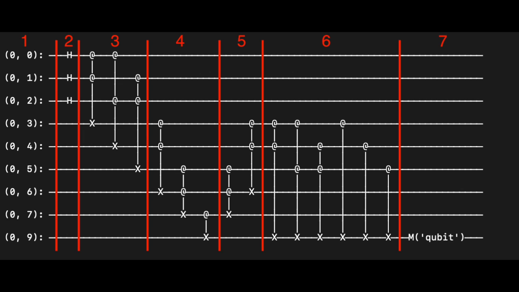Then what we're going to do is take those target qubits of the previous Toffoli gates and pass them through every possible configuration of every possible number of inputs that is less than or equal to the number of input qubits.